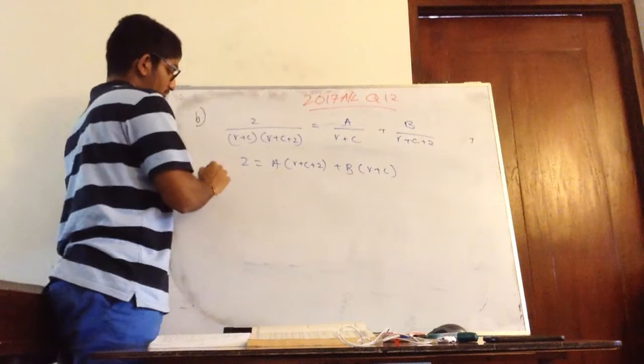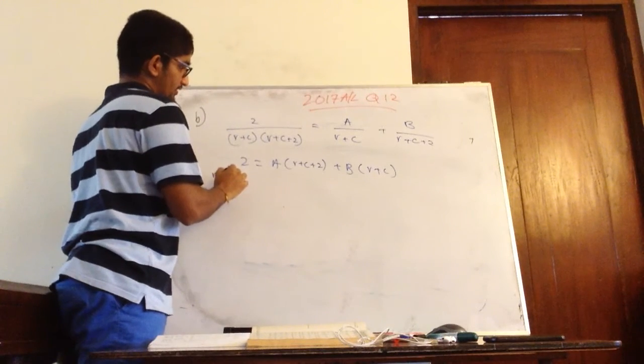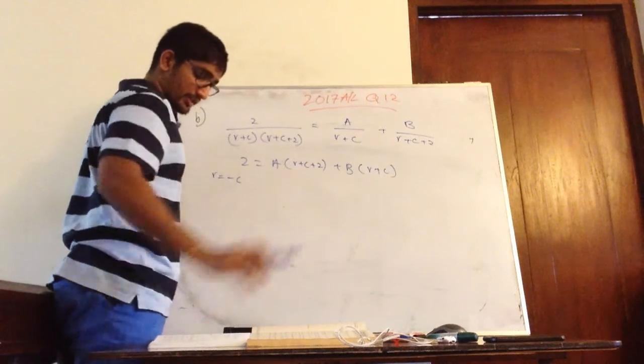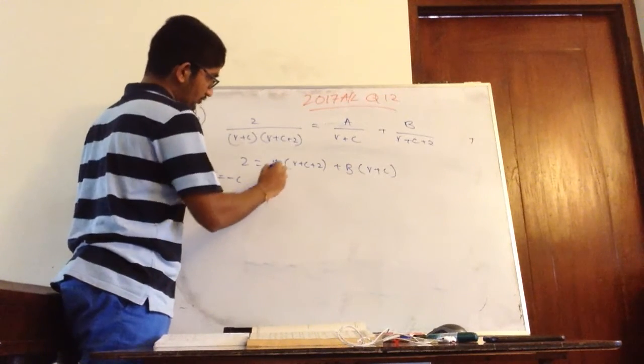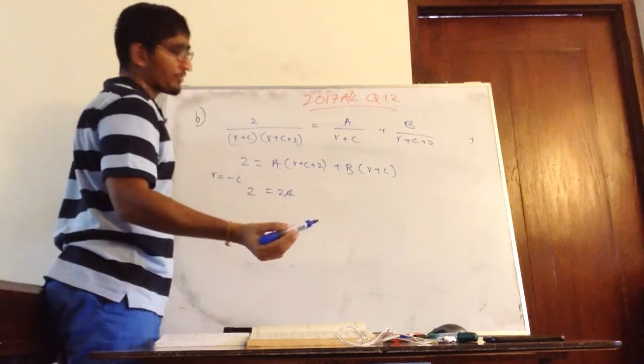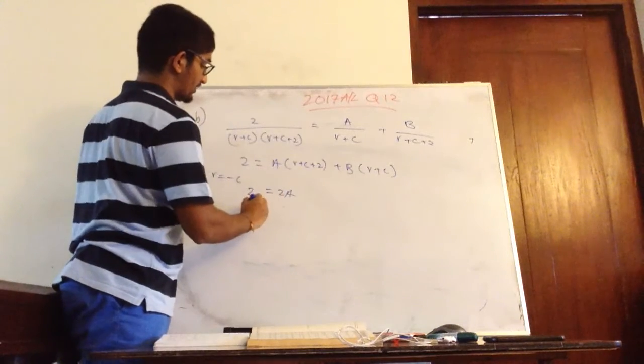What I'm going to do is put r equals minus c here. So I will get 2, this will get cancelled off. So 2a, but this will get cancelled off. So that is a equals 1.